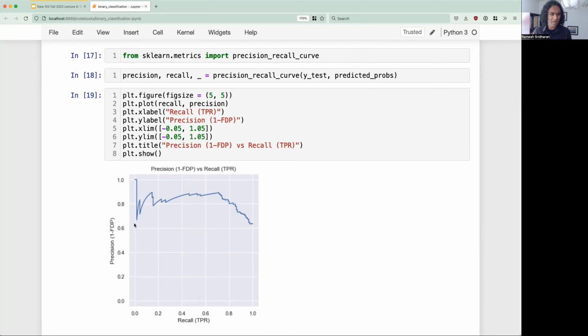So why is it going up and down in this region? Well, remember that if we want a lower value of recall, that means a lower true positive rate. What is true positive rate again? It's the row-wise rate corresponding to the reality equals 1 column.